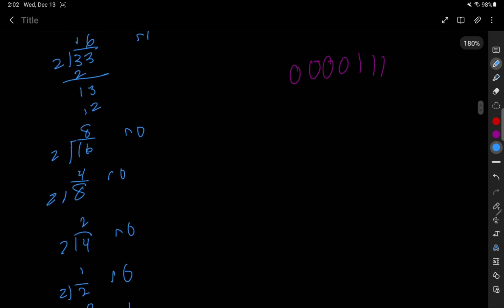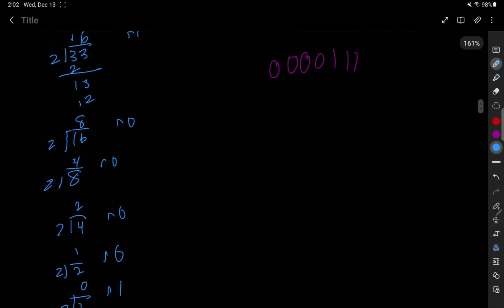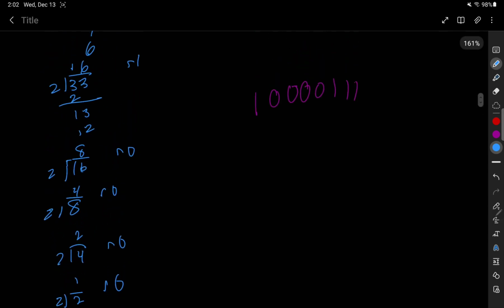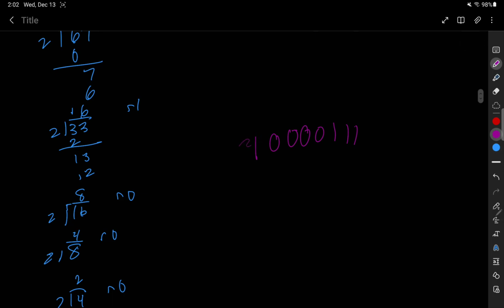Alright, fantastic. Whenever you get that, you're kind of done, because if you divide 0 by 2, you get 0 again, and then you get a bunch of zeros. So you can add as many zeros in front of this as you want.